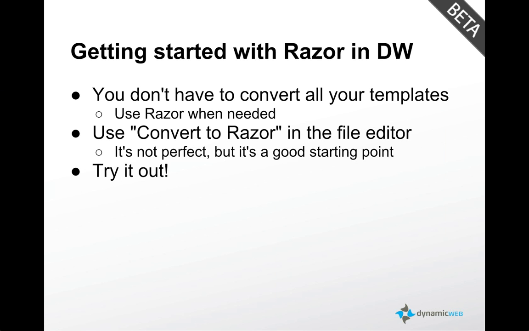And the way we've approached implementing Razor in Dynamicweb is pretty basic and pretty simple. So we still have a collection of tags, and tags can be accessed using the getValue method. So you just put an @ sign and then the function called getValue, passing it a string containing the name of the tag you want.